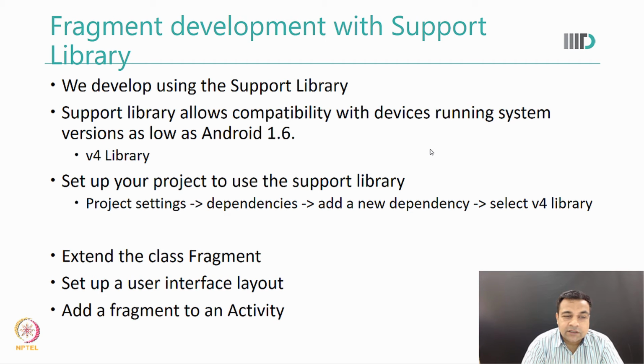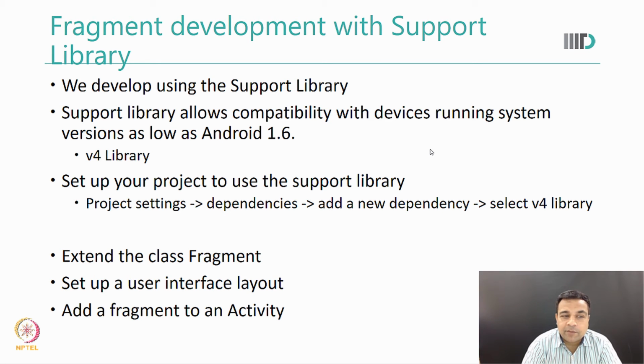There are two major reasons for doing this. Reason number one is that the support library allows compatibility with devices running system versions as low as Android 1.6. The name of this library is the v4 library, and if you develop your fragments with the v4 support library, which is recommended by Google and the Android developer community, you can support devices which are running as low a version as Android 1.6. That is very old Android devices as well.